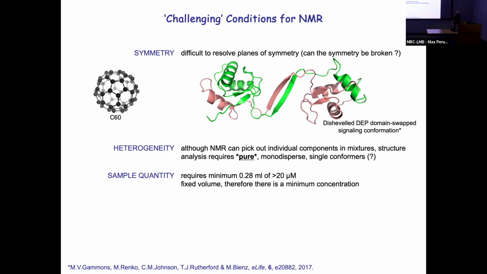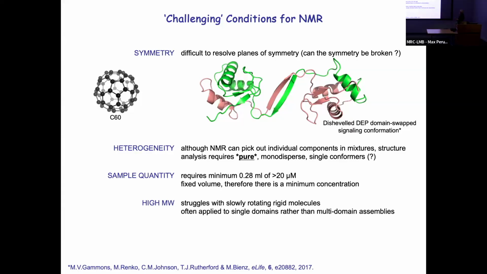The minimum requirement is about 1/4 ml of at least 20 micromolar protein sample. The volume is fixed, and therefore it places a restriction on the minimum concentration.